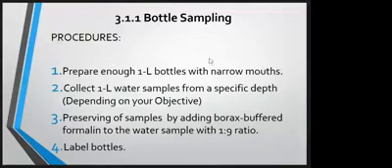You need to prepare enough 1-liter bottles with a wide mouth, because with nets, the opening is big. Use polyethylene bottles. And then you collect a 1-liter sample from a specific depth.